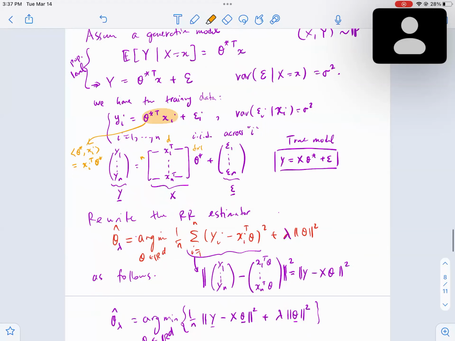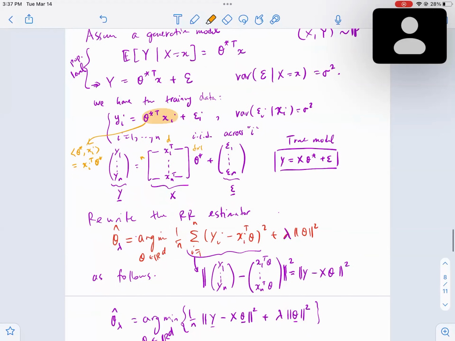We started with a true model in which the expectation of y given x is a linear function of x. The parameter is theta star. I'm going to assume the variance of the noise given x is sigma squared.